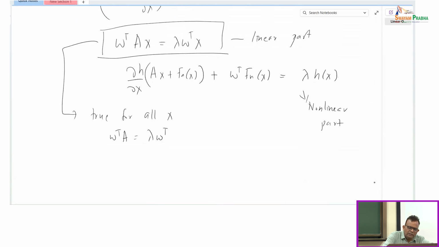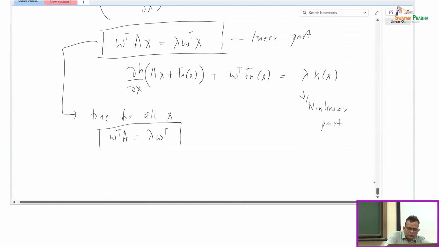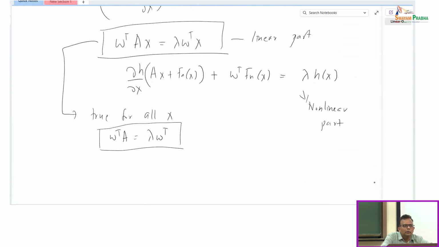So as far as W is concerned, what does this tell you? W is nothing but the left eigenvector with eigenvalue lambda. So if you have a purely linear system, the eigenfunction of the Koopman operator for the linear system is given by W transpose x, where W is the left eigenvector with eigenvalue lambda.